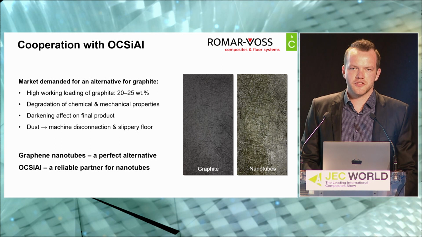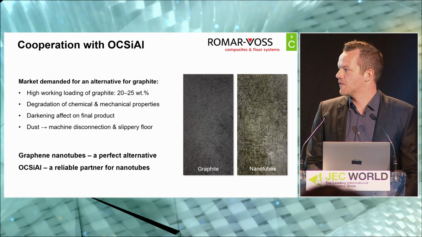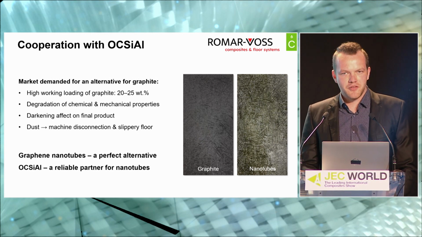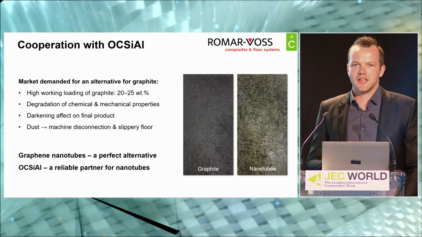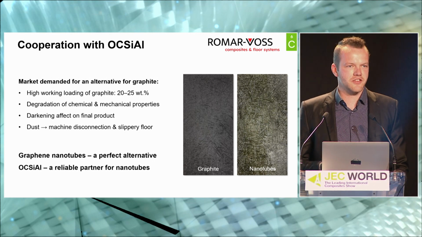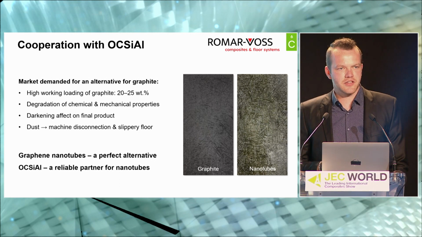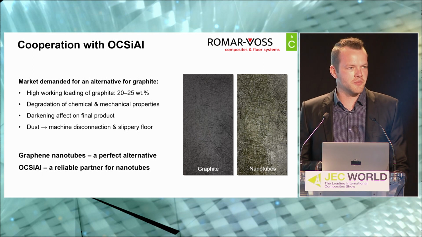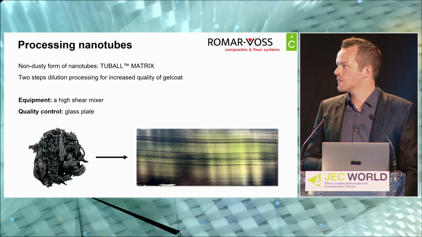This also causes some darkening of your final color, like you see on the right side. And also when manufacturing graphite into your products, it can cause some machine contamination and a slippery floor. So that's why we are using the graphene nanotubes from OCSiAl for all our conductive product range.